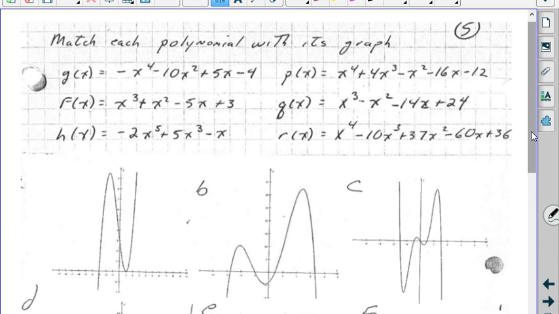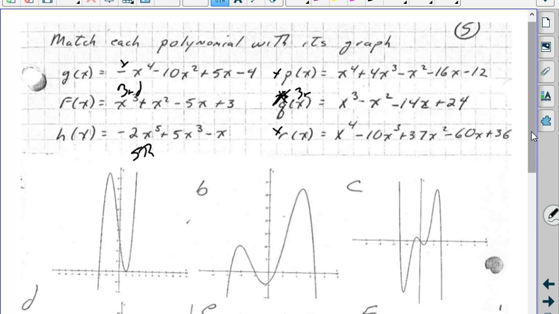We've got 3 fourth degree functions. We have 2 third degree functions. That's a third, that's a third. And then we have a 5th degree.